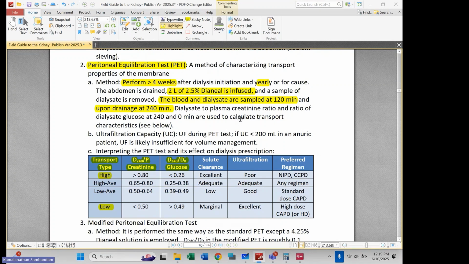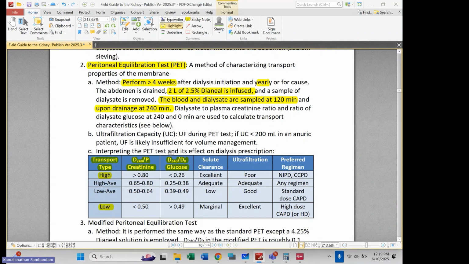And then you describe the concentration of glucose in the dialysate compared to time zero, or you can use these changes in dialysate creatinine concentration compared to plasma creatinine concentration to describe transport characteristics for the individual.